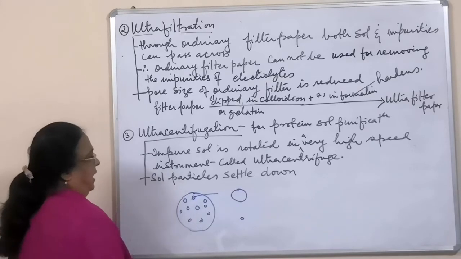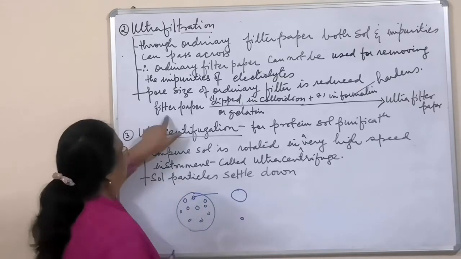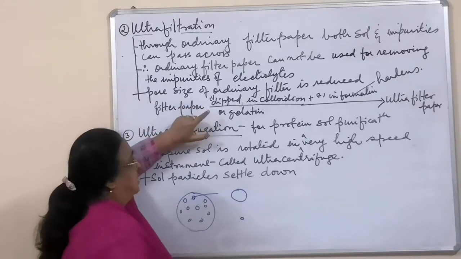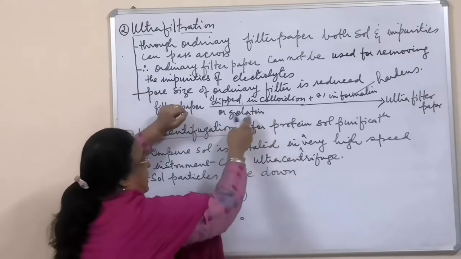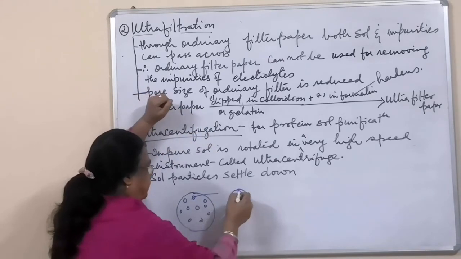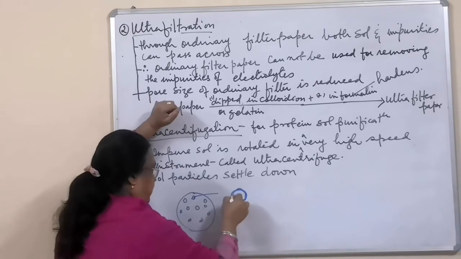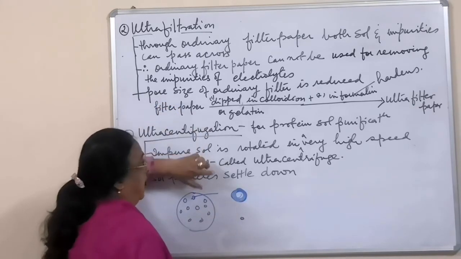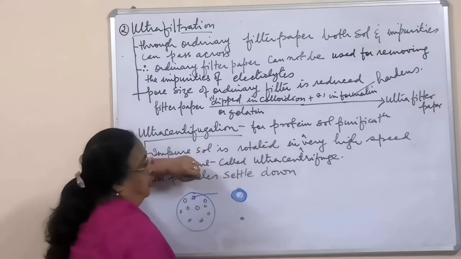I have written down here that ordinary filter paper is taken and dipped first in colloidal or gelatin solution, and then it absorbs on the surface these particles of colloidal or gelatin, and then it is dipped in formalin.